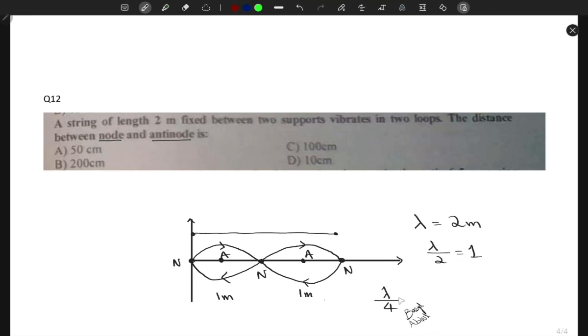And if I put the value of lambda, which is 2 meters, we have 2 by 4, which is 1 by 2, which means that the distance is 0.5 meters, or in centimeters, that's just 50 centimeters. So the correct option should be option A.